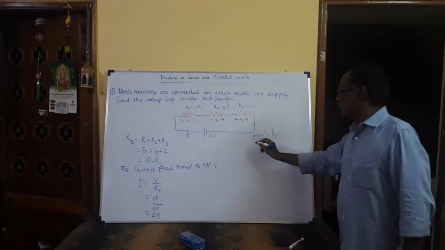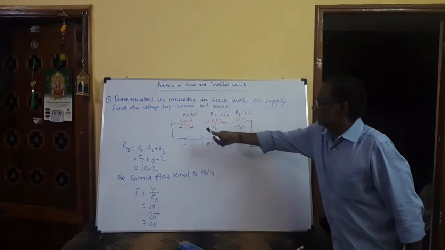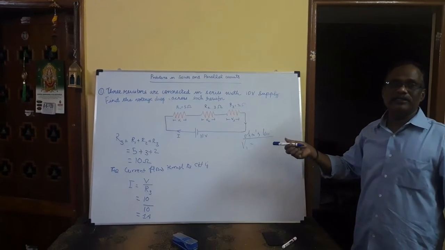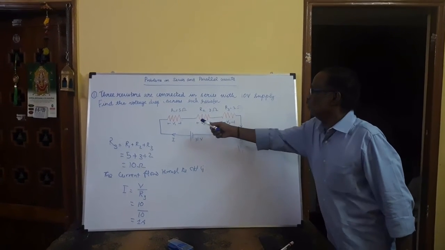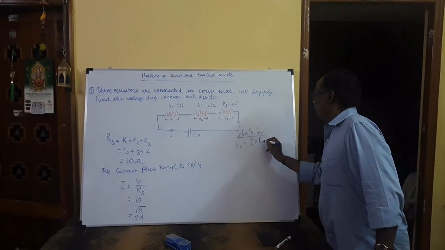It is denoted as V1. The current through all the resistors is the same in a series circuit. So V1 is equal to I into R1.